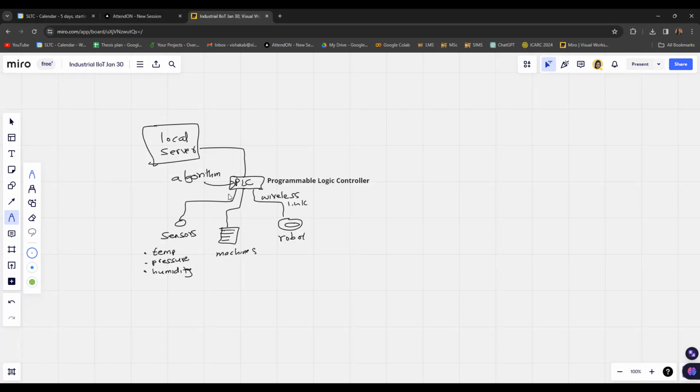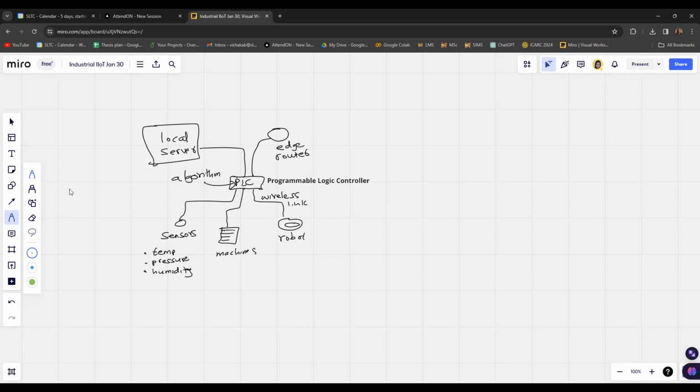Apart from that, the PLC can also be connected to a router or a switch or a network component as well. So the PLC can be connected to the network router. This could be the edge router that is there. It would act as the gateway between the local network and the external network.